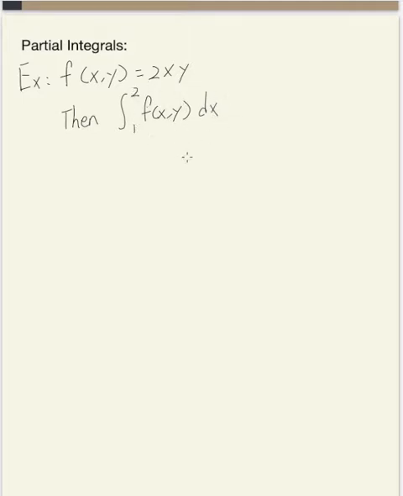Just like when we were taking partial derivatives, when we were taking partial integrals, we treat the other variable as a constant. So this becomes the integral from 1 to 2, 2xy dx. And we treat the variable y as a constant here.